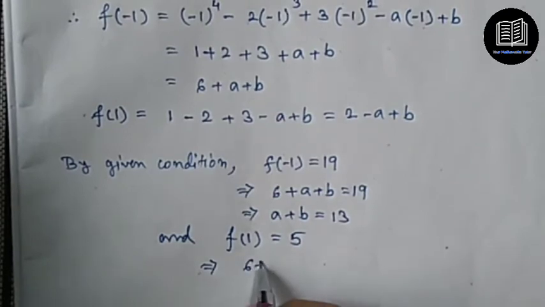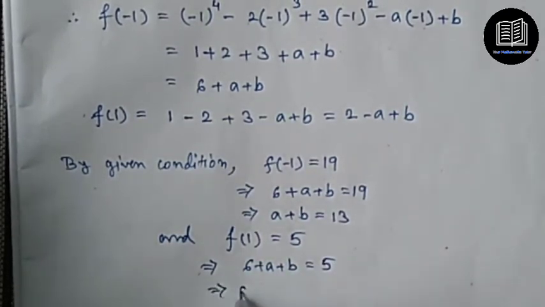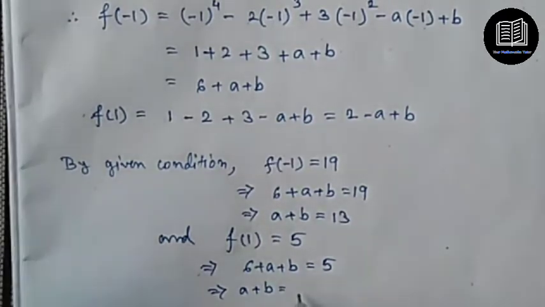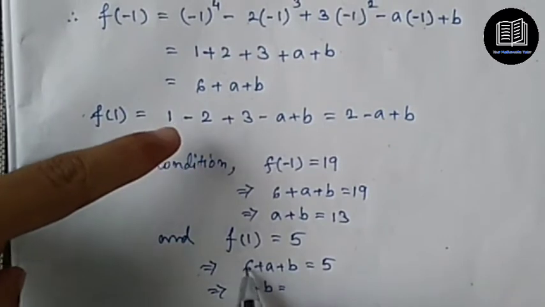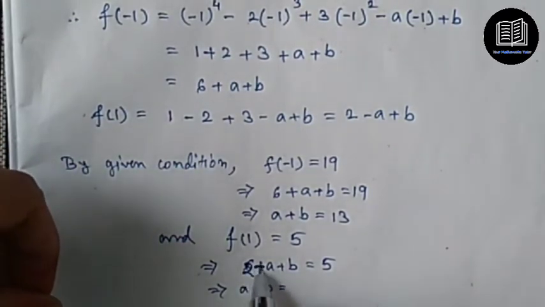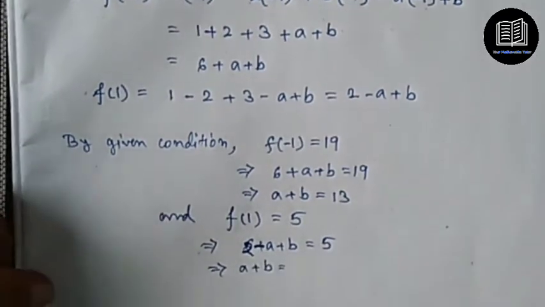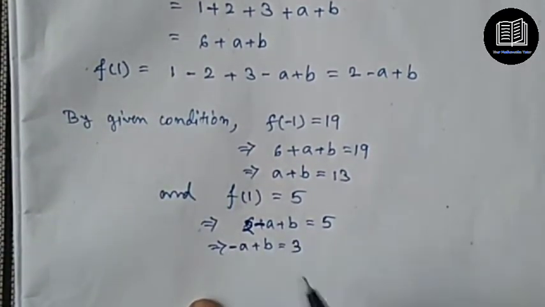And f of 1 equals 5. That is 2 minus a plus b equals 5. Implies minus a plus b equals 3.